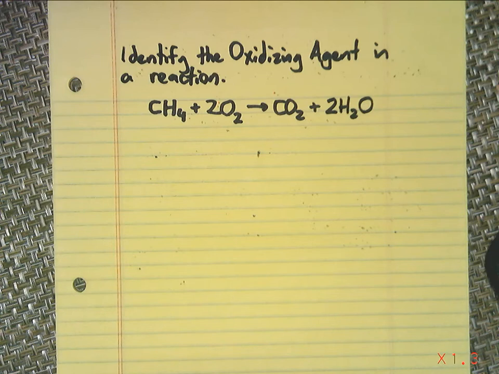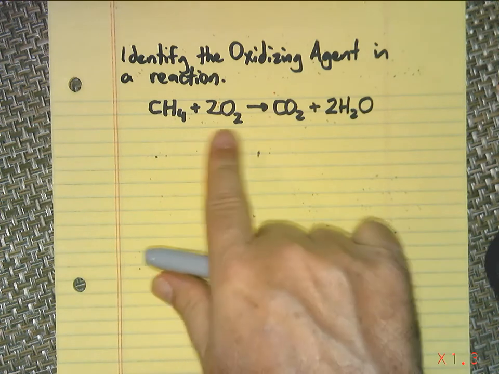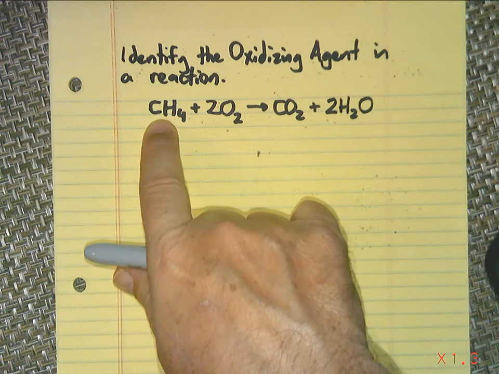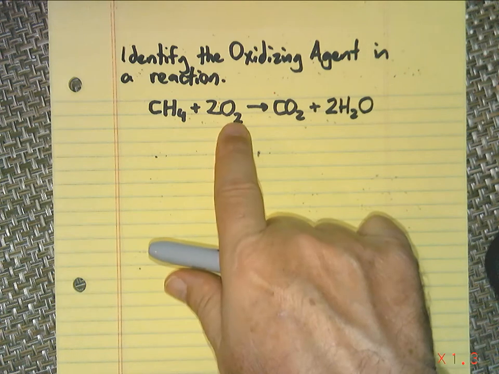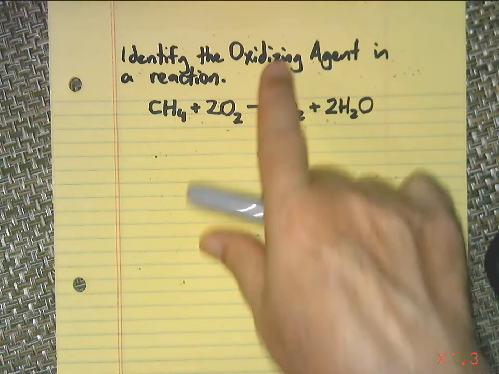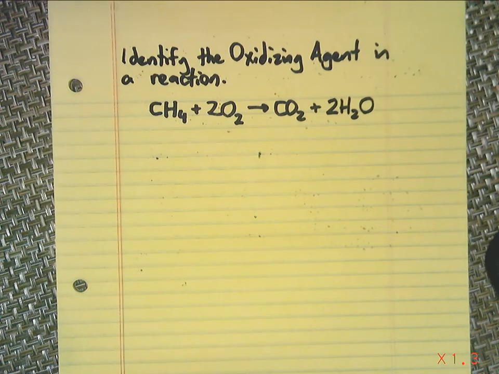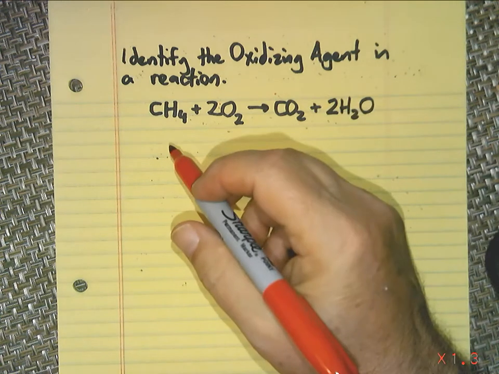We want to identify the oxidizing agent here. Now, I know the oxidizing agent will be either the methane, the CH4, or the O2. Probably you know right away that oxygen is the oxidizing agent, because that's what oxygen does. That's where the term oxidizing came from. But let's work it out.